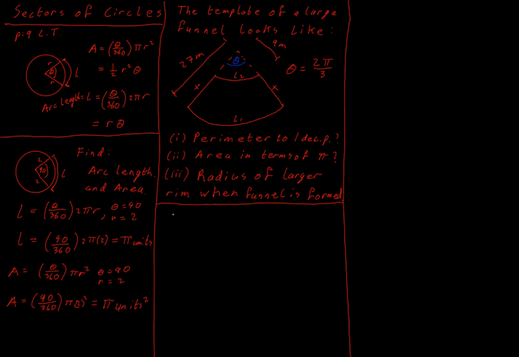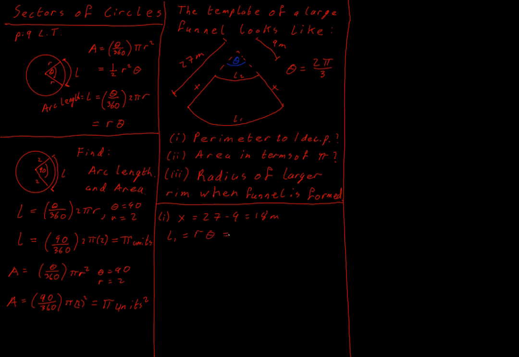Now, perimeter. So x is probably the easiest one to find off the bat. We know that this x length is going to be the same for both, and it's going to be 27 minus 9 meters. And L1, we write down our formula. We're given our angle, theta, in radians this time, so we're going to write down the radians version of this.